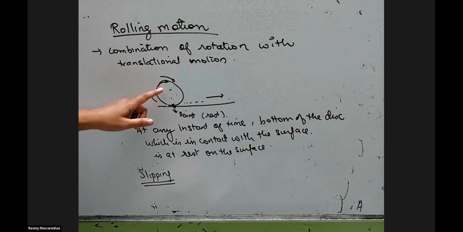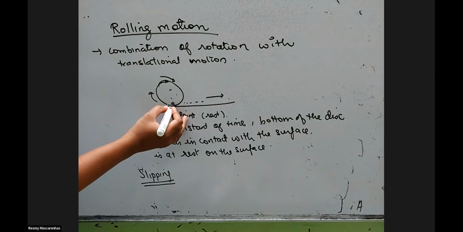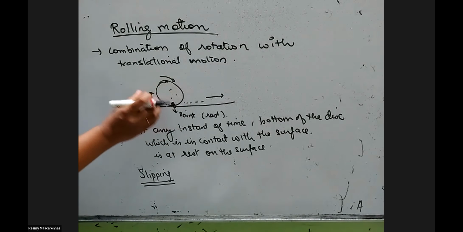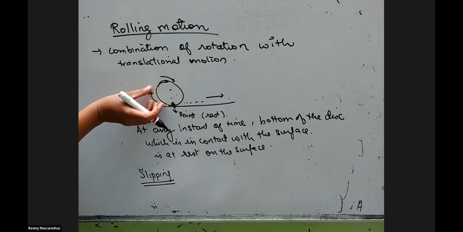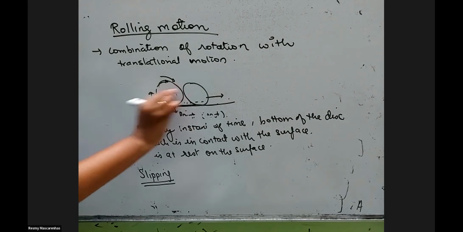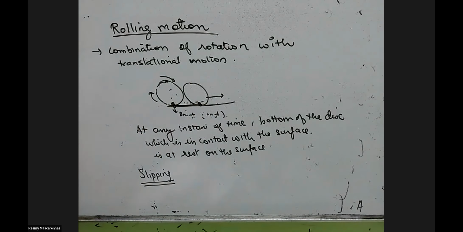So without rotation, you keep the point here only. You mark it with a red color here. That red color should not go up, so you are not making it rotate. If you are just pushing it, this red point will remain here only. But if it is purely rotating, then after some time this red point would have gone up.